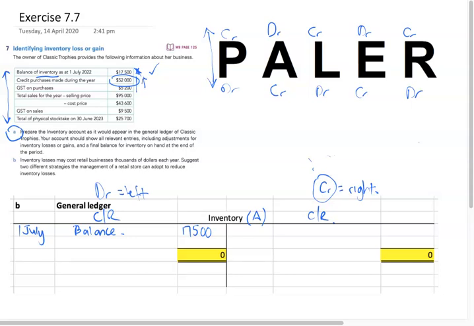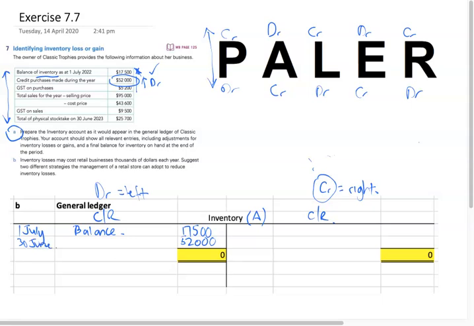It has increased it because we have purchased inventory. It says credit purchase, which means that we have a debit. So let's put that in, $52,000. We know that this occurred because we're talking about the end of this period, and it's not overly clear here, so we don't have to worry too much about it, but you do see at the bottom we're talking about 30 June, so let's assume it was 30 June.